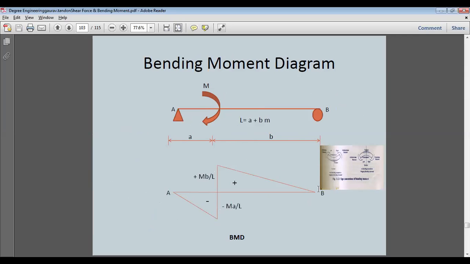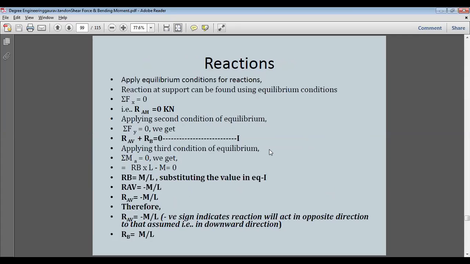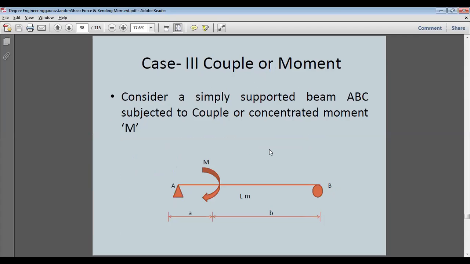So the bending moment starts from here, and all of a sudden there is a jerk. It will change sign, and again come to 0. This bending moment is calculated as MB by L into negative MA by L. This way we can find the bending moment diagram in case only a moment or couple is acting on the beam.